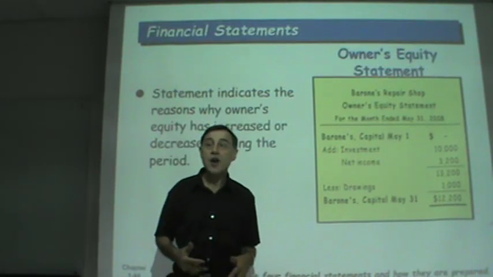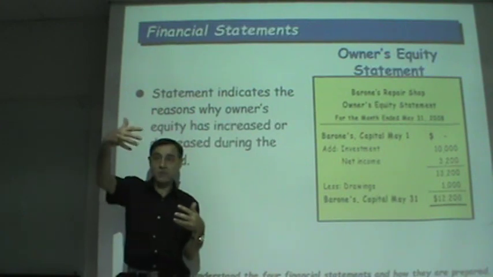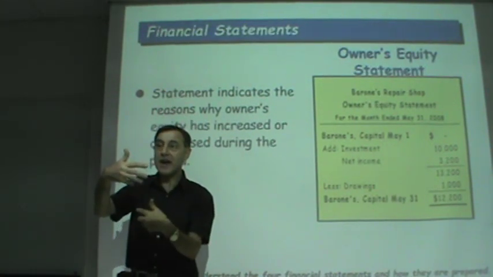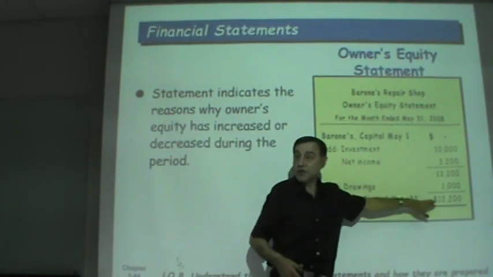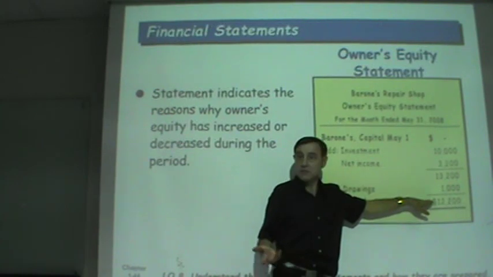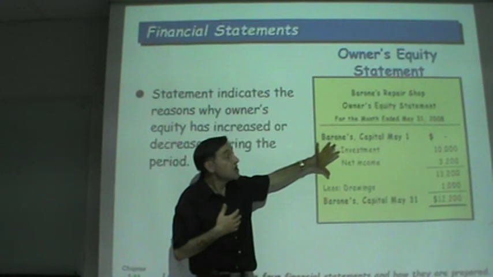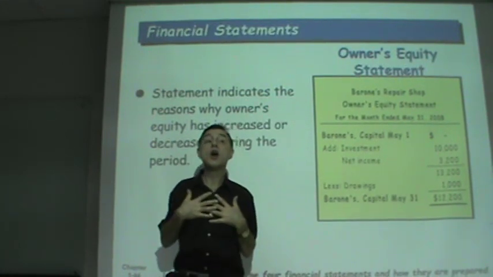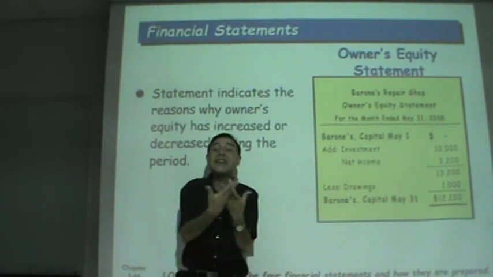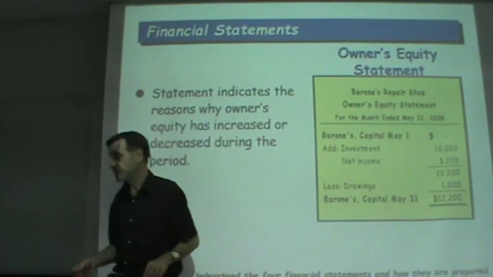You want to know how much capital you started with, how much profit you made, what investments you made, how much money you took out, and what's your capital at the end of the month. As an owner of a business, this shows you how your ownership, meaning your capital, changed during the period. That's all the rest is.